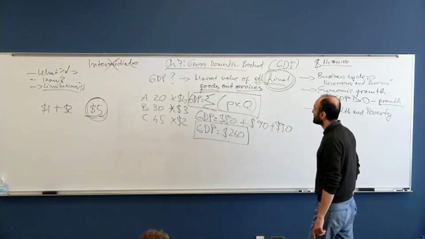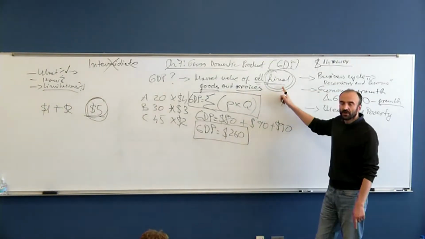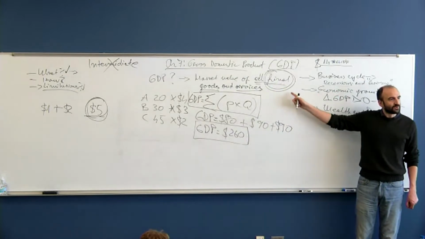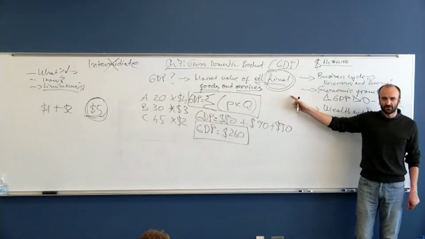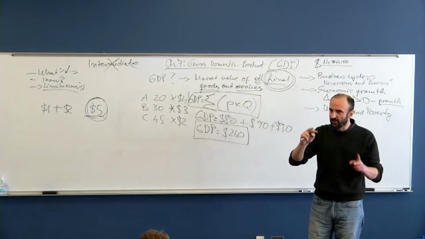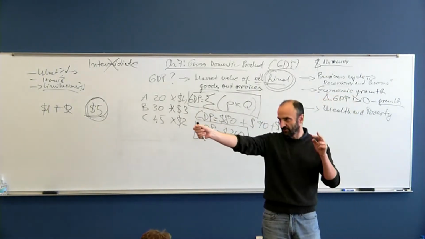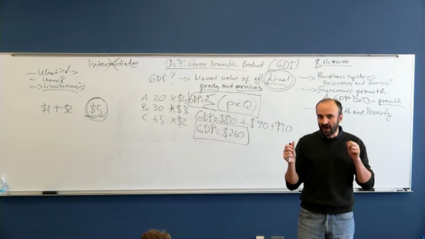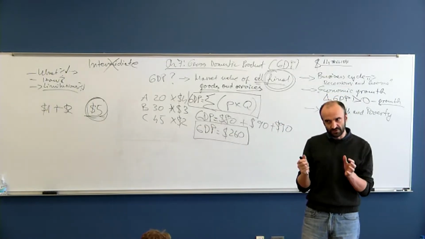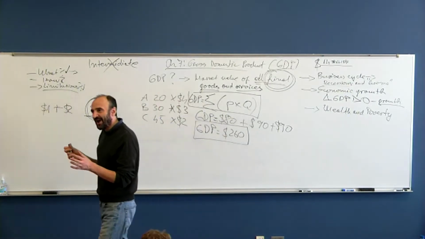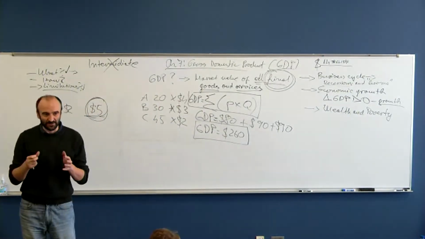Only final goods. The second thing here: don't confuse final good with consumer good. Usually consumer goods are typically final goods we sell to the final consumer, and producer goods are goods used in the production process that are not the final good, and they cannot be directly consumed.